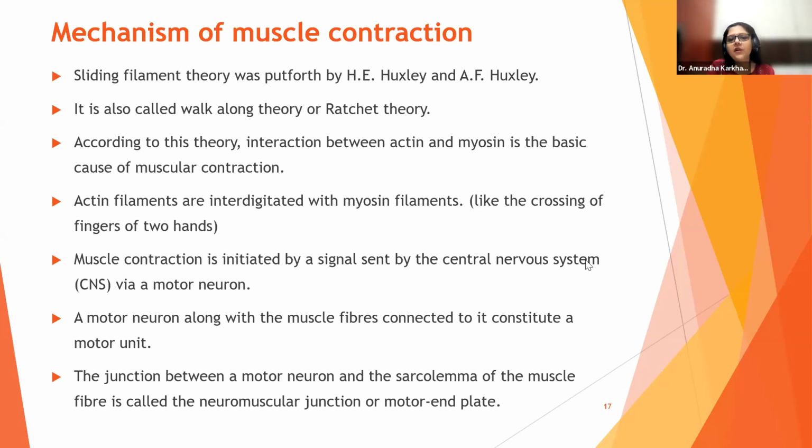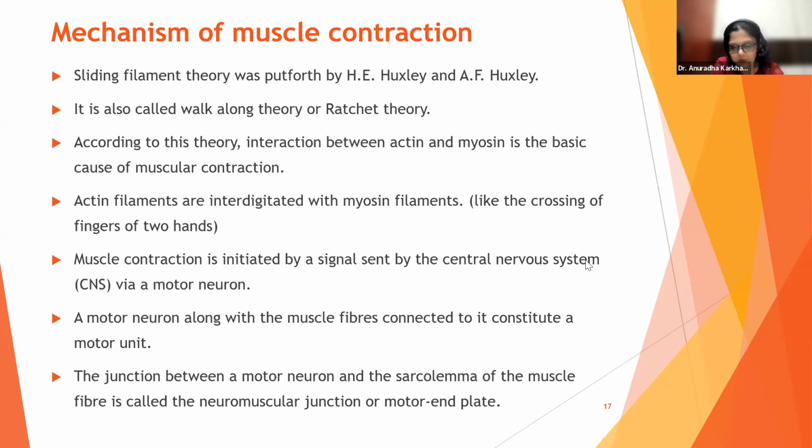They have put forward a theory called sliding filament theory. What is the name of the theory? Sliding filament theory. It is also called walk-along theory or ratchet theory. So these all are synonyms of the sliding filament theory.